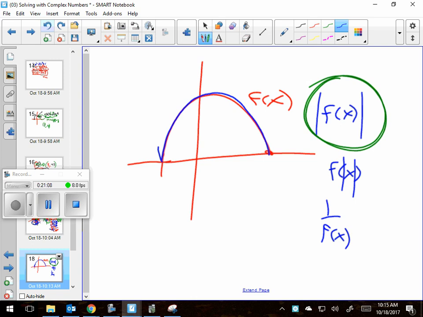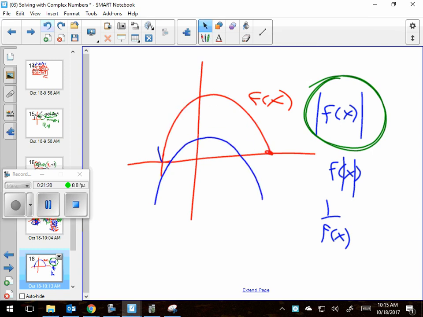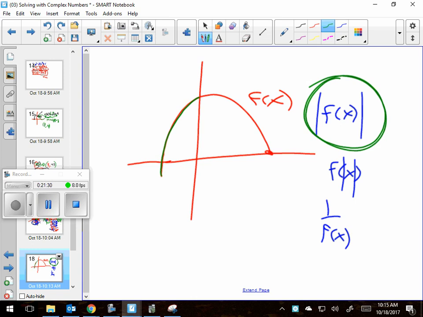Okay, good. The second one, where you're absolute valuing the inside. That is row 2, person 4. Go ahead. Take the x's that are negative, which will be this little zone right here, and what should I do to them?